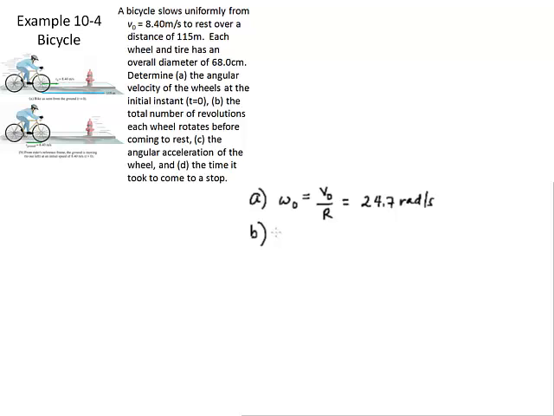In part B, since we know that the bike travels 115 meters on the ground, that means that because the tire is in contact with the ground at all times, a point on the edge of the rotating tire travels 115 meters total.